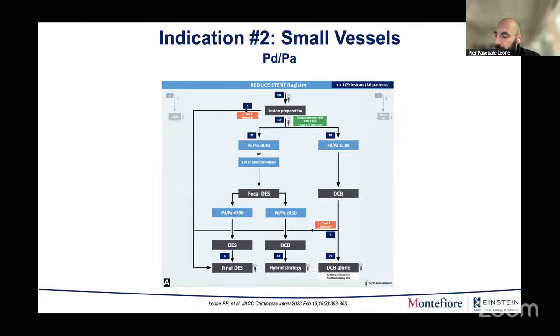If the ratio is 0.90 or more, that might tell us something. Unfortunately we don't have endoscopy clinically, which would be a fabulous tool, so we don't know what's happening. But if we see a drop in the PdPa below 0.90, it means there must be something down there contributing to pressure loss. Is it the dissection?